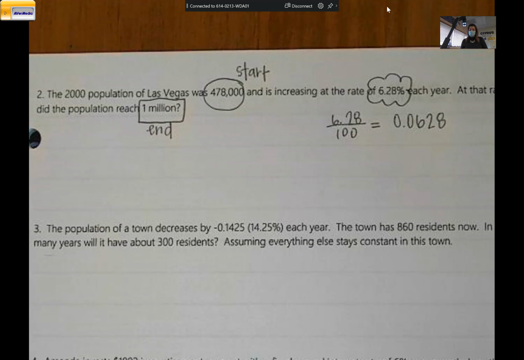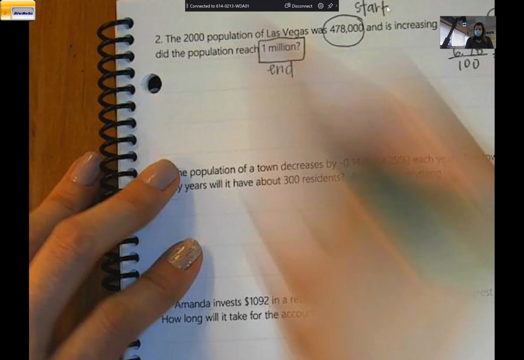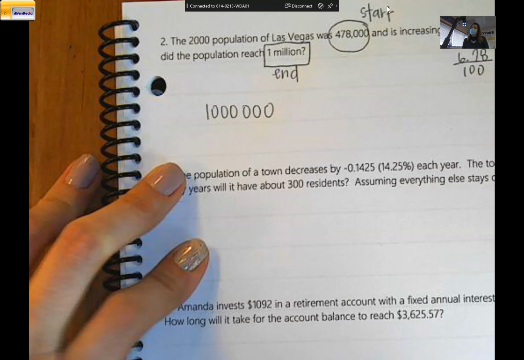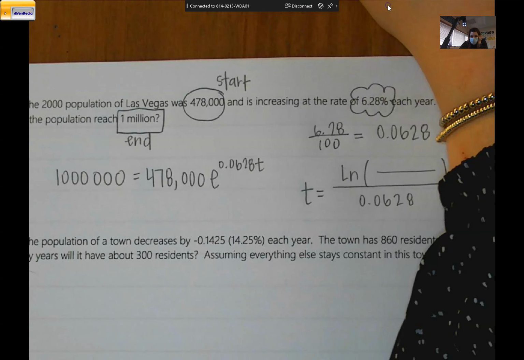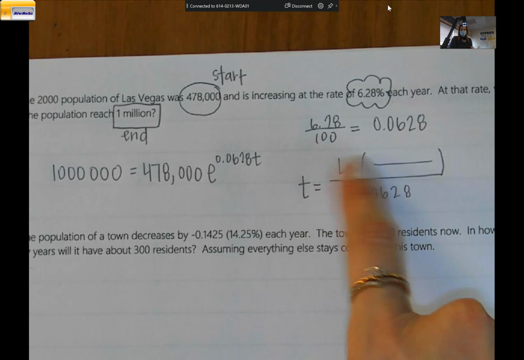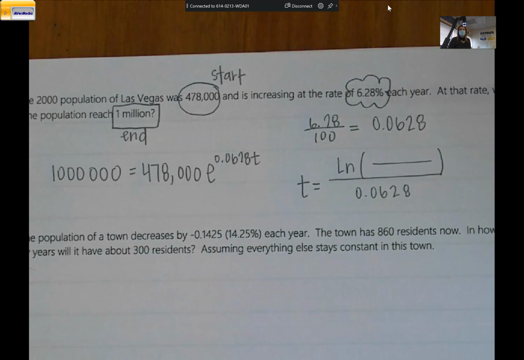So now we set up the equation to match this formula. So your ending amount, 1 million, write it out the long way, equals, okay, I don't know where my recorder stopped, but you're trying to figure out what goes in these blanks to solve for t. In about 20 seconds, we'll check in.